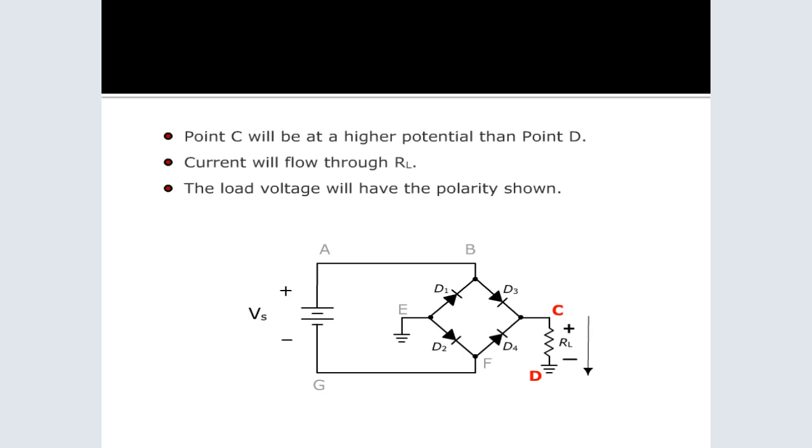So it moves from point C to point D, and the current is experienced through the load resistor.